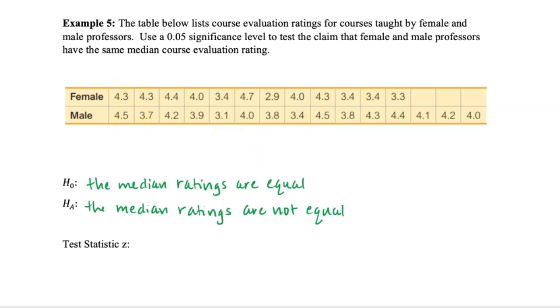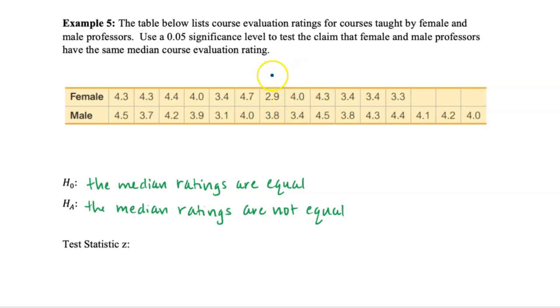I'm looking at both of these samples, and I'm starting with the lowest, which is going to get a rank of 1. I'm looking for the lowest value in this data set, and I see that 2.9 is the lowest. So this gets a rank of 1.